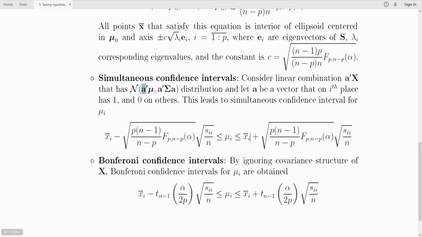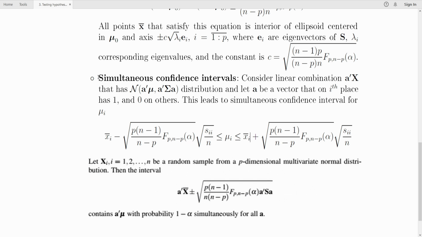Okay, let's move to simultaneous confidence intervals and Bonferroni confidence intervals. First, there is a nice result concerning simultaneous confidence intervals that says that if we have a random sample x1 to xn from a multivariate normal population with some positive definite covariance matrix sigma, then simultaneously for all A, the particular interval will contain A prime mu, so A transpose mu, with probability 1 minus alpha.